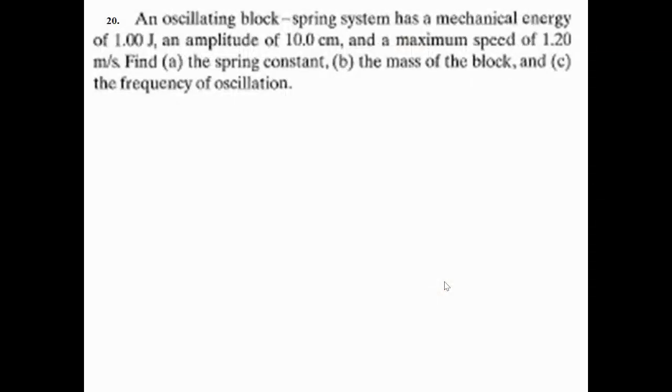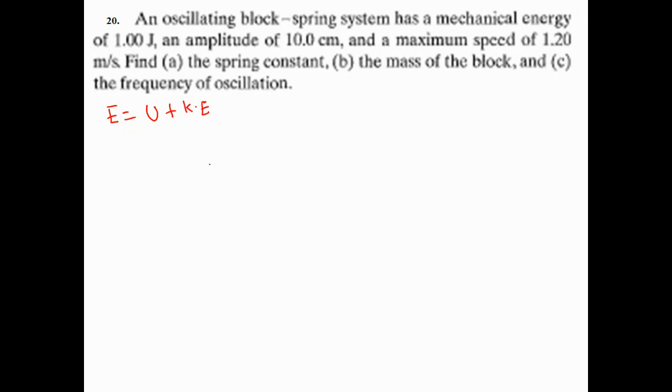Please take practice. The second question, again, spring mass system. That means the block spring system, and it is producing some oscillation. They clearly mentioned an oscillating block spring system has the mechanical energy. My dear, I can just take mechanical energy as my E. So we already know the relation for the mechanical system. What is the law of conservation of mechanical energy? The law of conservation of mechanical energy says the total mechanical energy is equal to potential energy plus kinetic energy.